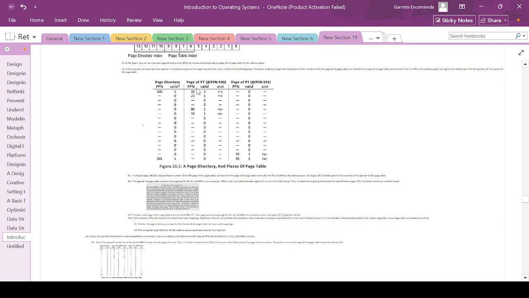The code segment is 4 and 5, which are also valid in these 16 entries, or which is the heap. Thus the table has mapping information for each of those pages.